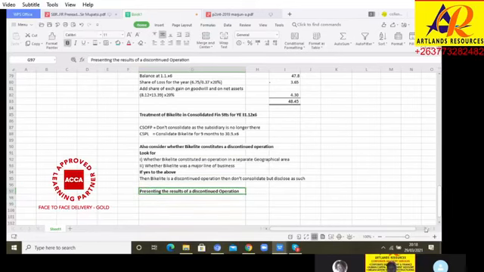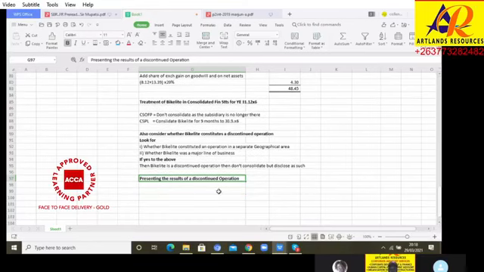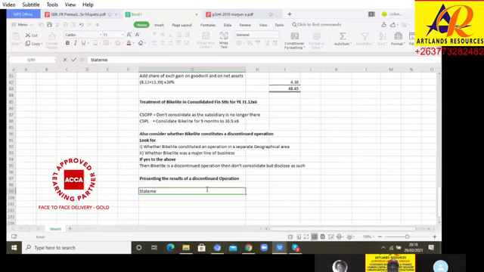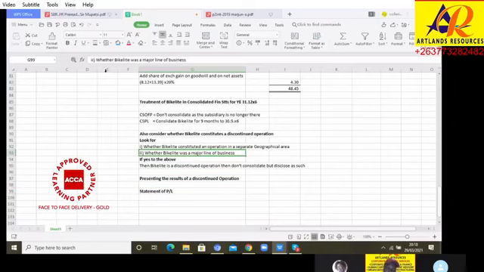Here is how you present the results of a discontinued operation. You say statement of profit or loss. Now notice the requirement for a discontinued operation is that what you have disposed must constitute a major line of business. In other words, you use judgment: if it constituted 10%, 20% of your revenue, is it major?